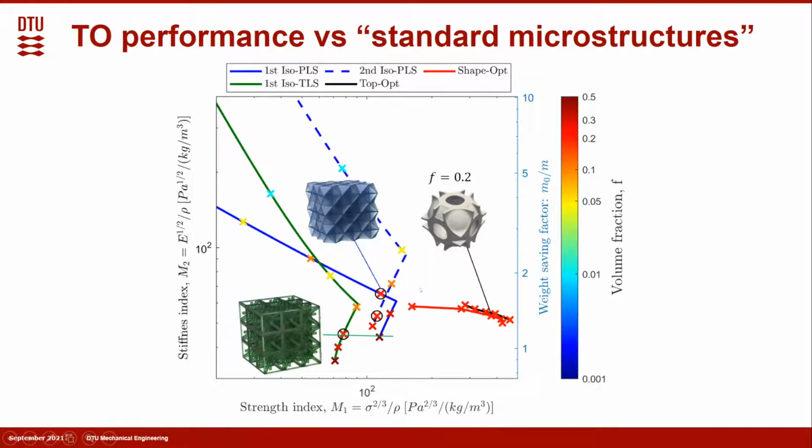But here, as I mentioned, we didn't take the yielding strain into account in optimization. If we do the same thing for the reference microstructures, that's the overall performance for different configurations. For a volume fraction of 20%, we can see here we still get a better performance compared to the reference single length scale microstructures.